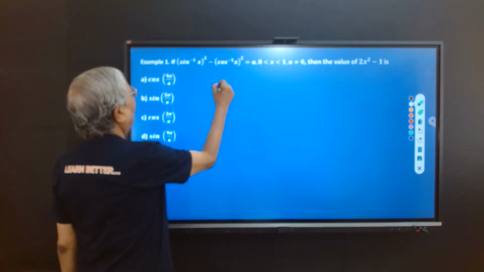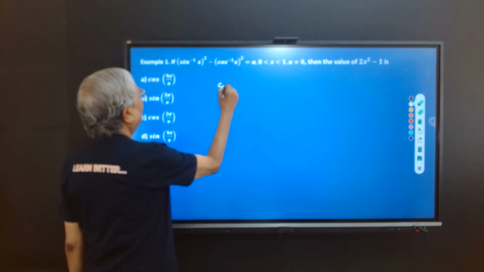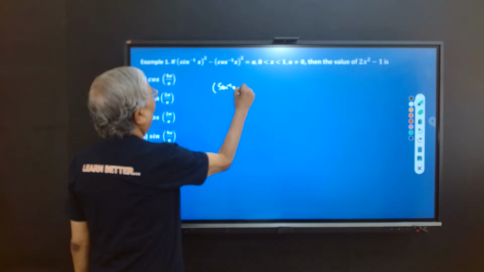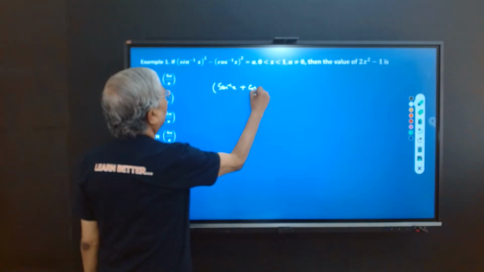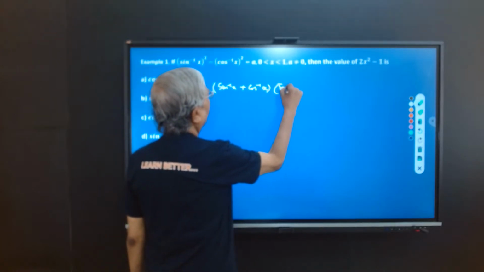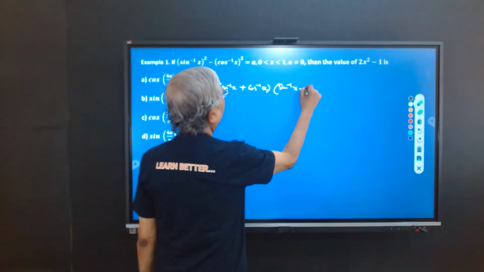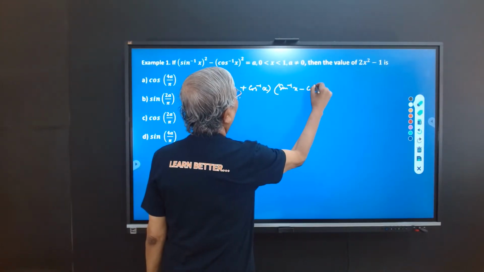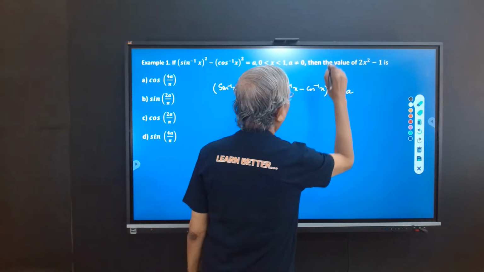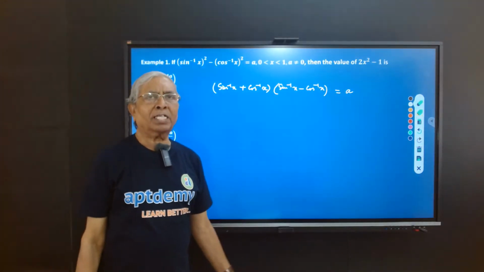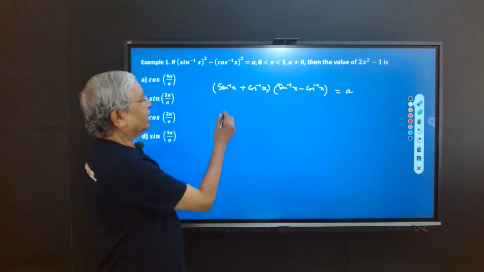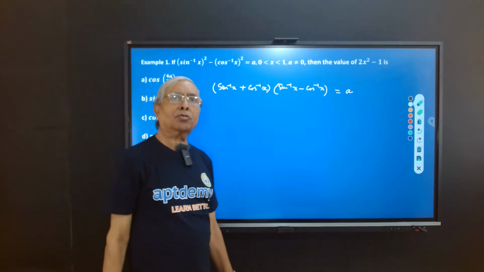So let us write (sin inverse x plus cos inverse x) into (sin inverse x minus cos inverse x) equals a. Just break it up with the help of this formula, a square minus b square. Now you know that sin inverse x plus cos inverse x equals pi by 2.